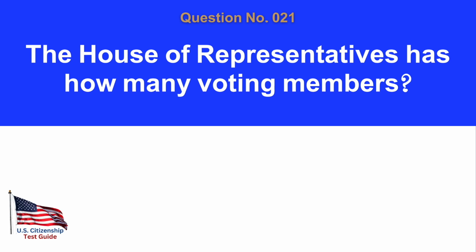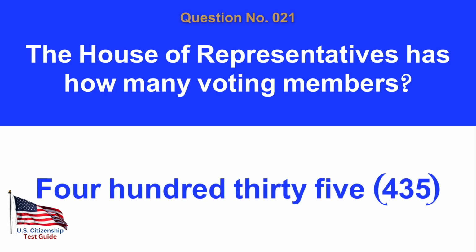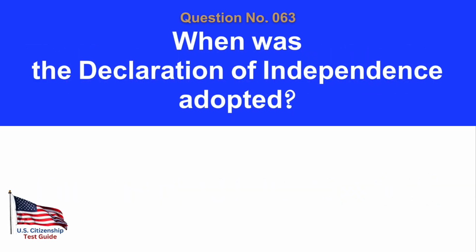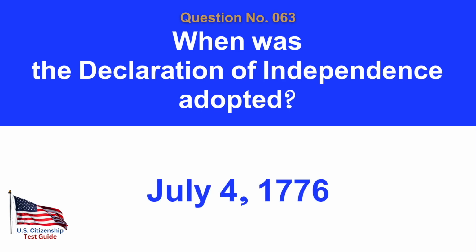The House of Representatives has how many voting members? 435. When was the Declaration of Independence adopted? July 4, 1776.